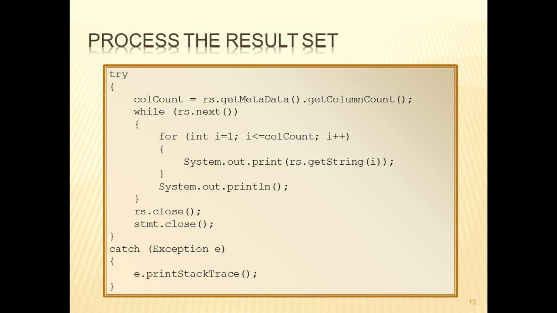If we want to know about that data, such as how many columns there are, then from the result set object, rs, we're going to call getMetadata, which gives us a reference to that metadata object, from which we then call getColumnCount. And so that will tell us how many columns there are.